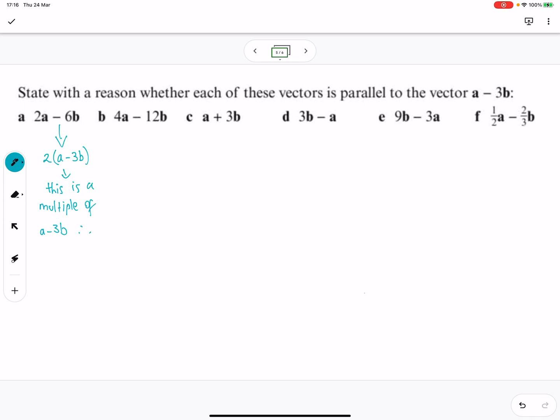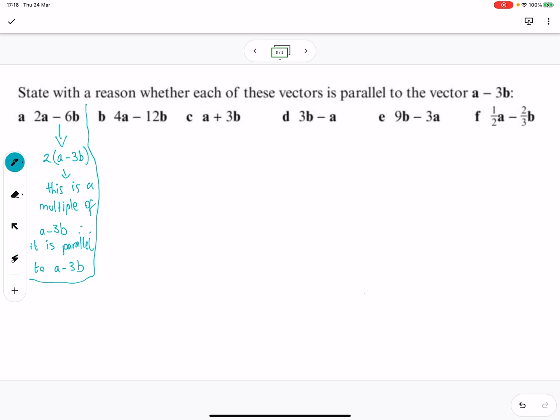Therefore, the three dots there means therefore. Yep. Therefore, it is parallel to a minus 3b. That's the idea, the reasoning there.